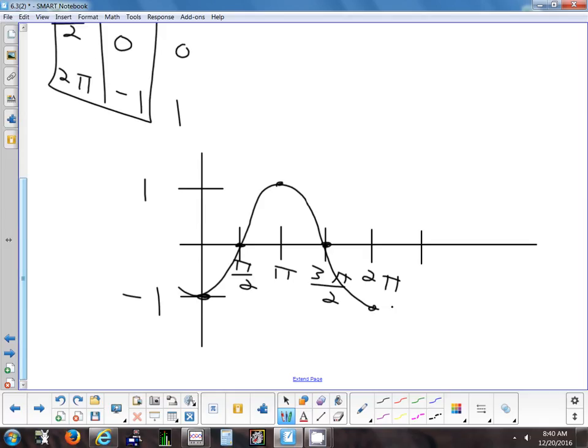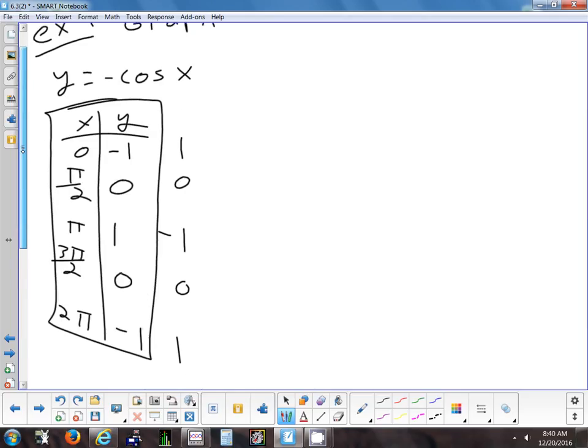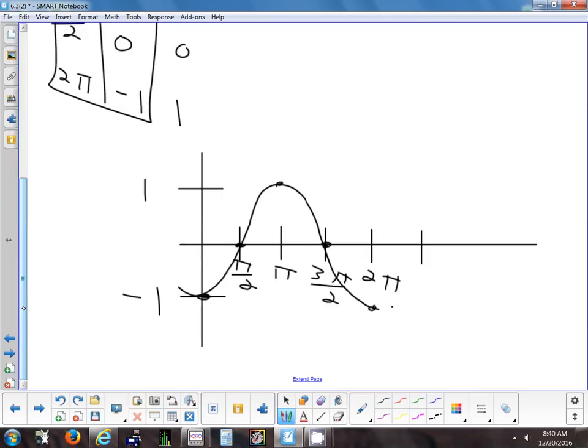All right. Anybody think of another way I could get a picture that looks like that without doing a negative in front of cosine? I want to stick with the cosine function though. Anybody think of another way you could get a graph identical to that? Yeah, Allie?